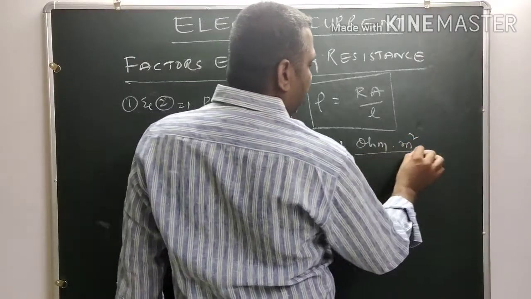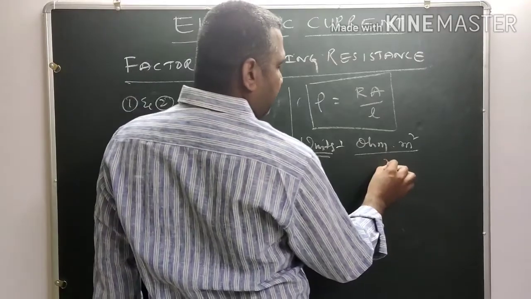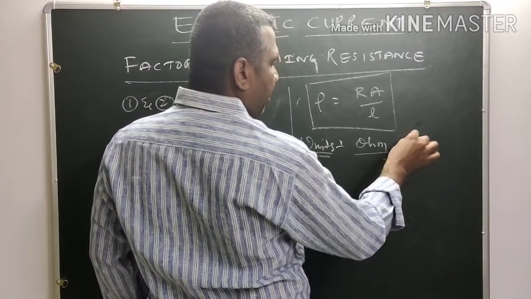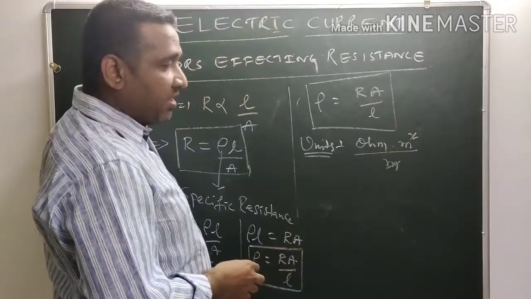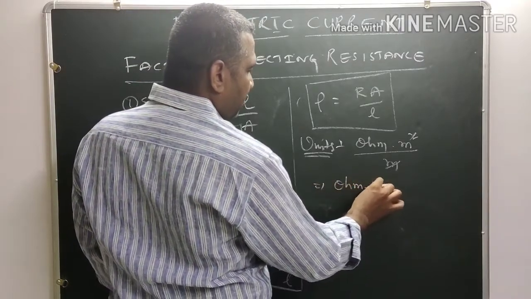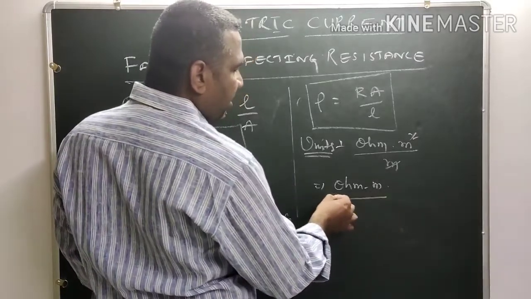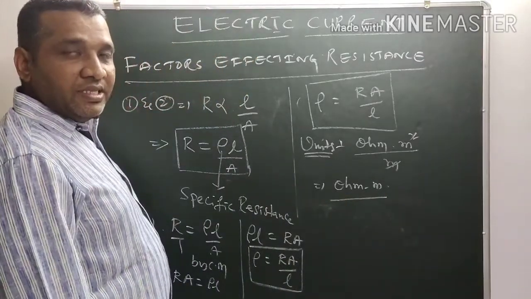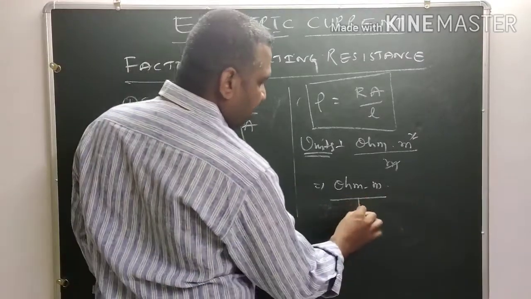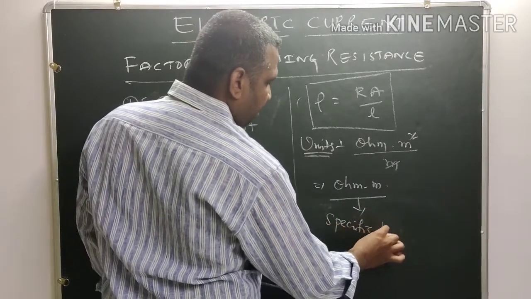And the measuring unit of length is meter. So one meter is cancelled there. So then what is left here? Ohm meter. So ohm meter is the measuring unit of specific resistance.